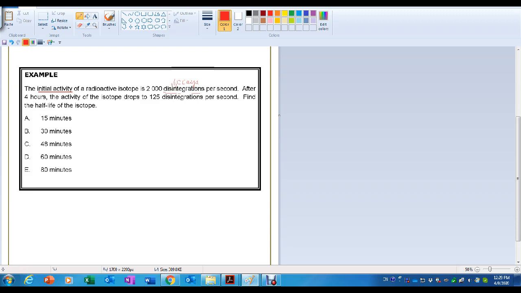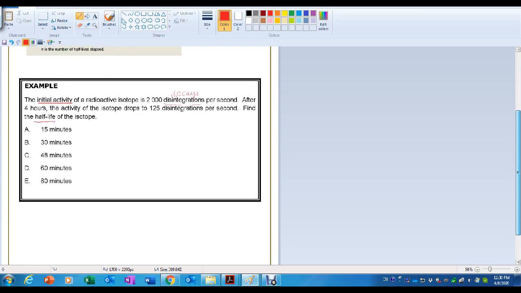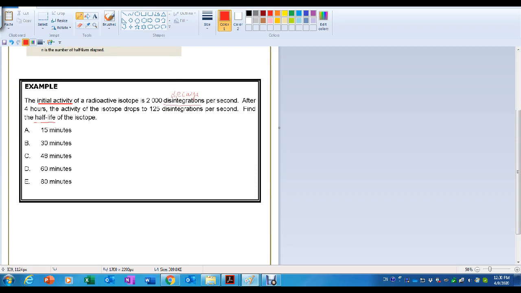Find the half-life of the isotopes. Okay? You need to find the half-life. So, from 2000 to 125 disintegrations per second. How many half-lives? Okay, so if you use the previous formula, what can you see?